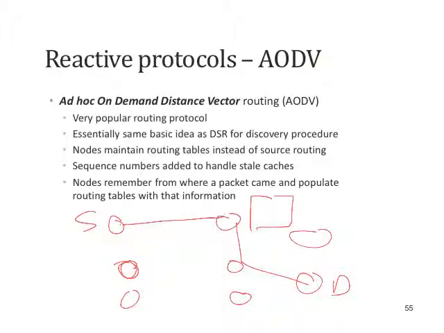In that case, this node will not flood anymore. Why? Because this node already has a route to D. It will not flood the packet in that case. So you save a lot of overhead by just replying from this node. You reply back to the source or to this node that, okay, stop flooding. I have a direct path to D, so you don't have to keep flooding.